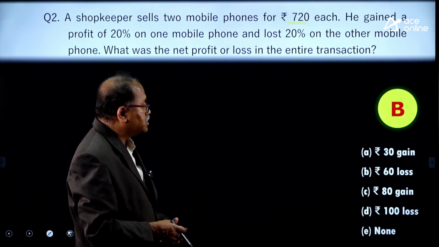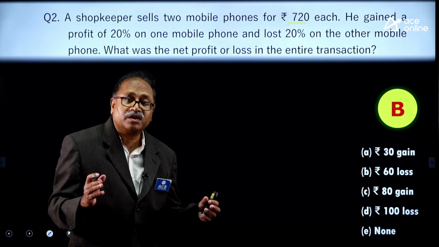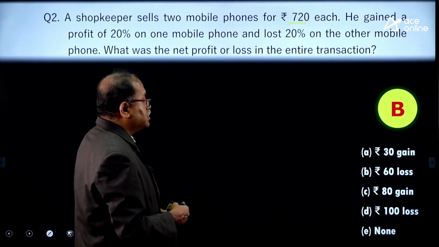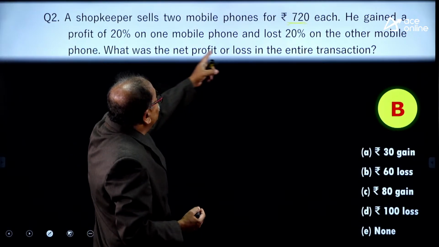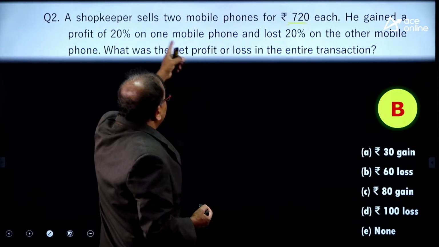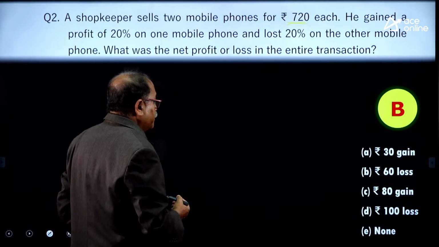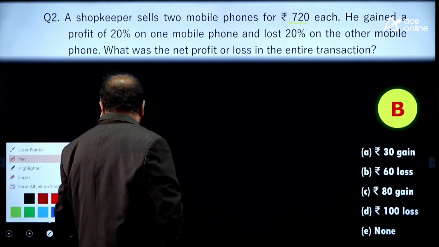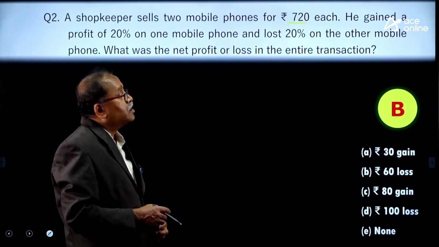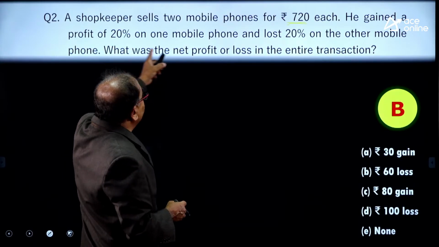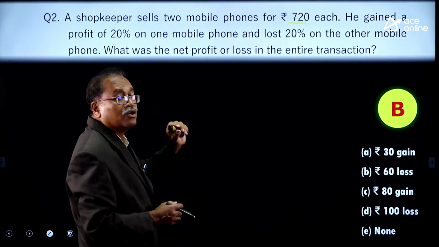Yes, option choice B, some of you are right. So, what is the way to answer this question? The selling price is 720, am I right? And the selling price of the 2 articles is the same, and in one there is 20% profit, in the other 20% loss.